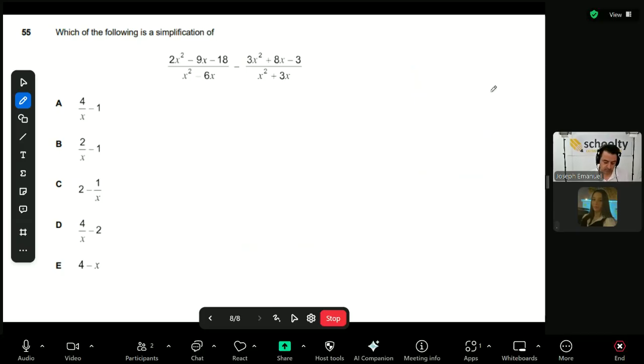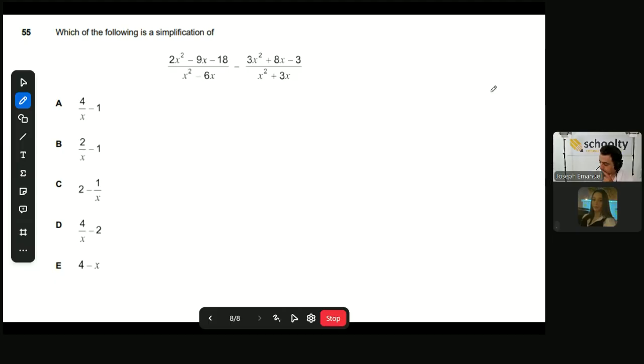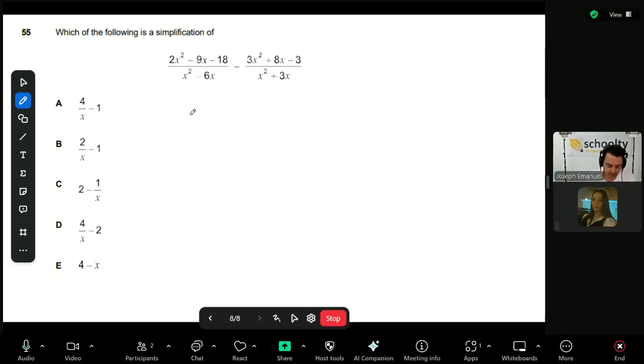Okay, next question. Read it, please. Which of the following is a simplification of the formula? Let's see. So we need to simplify it. So what we wrote before today, a square, b square, these things, I think we can use it here now. Okay, so how to solve this?